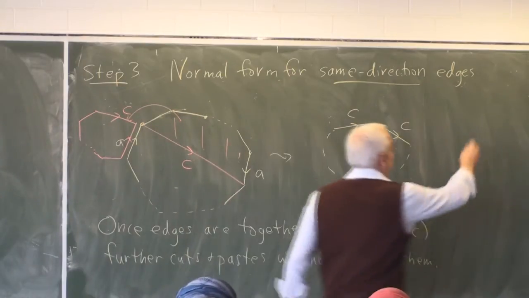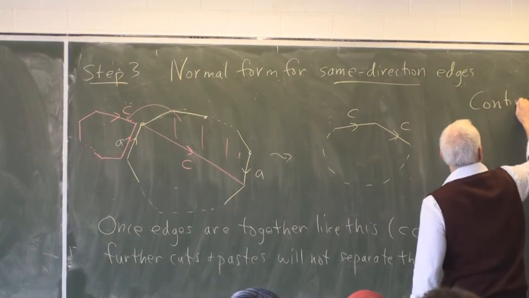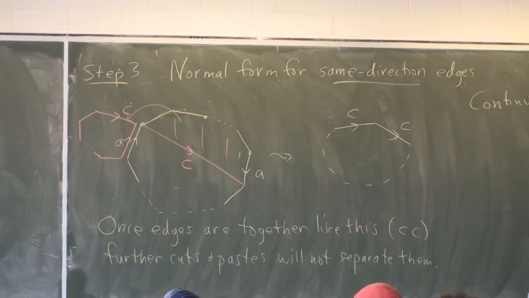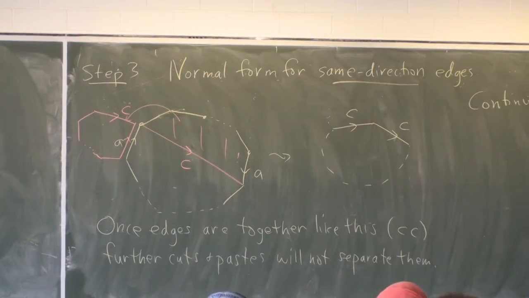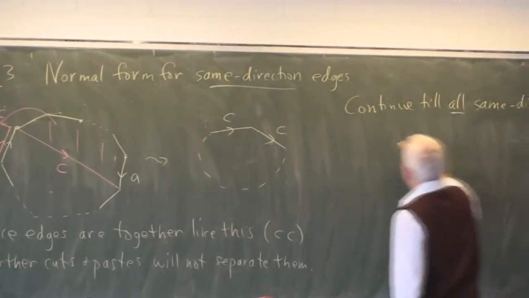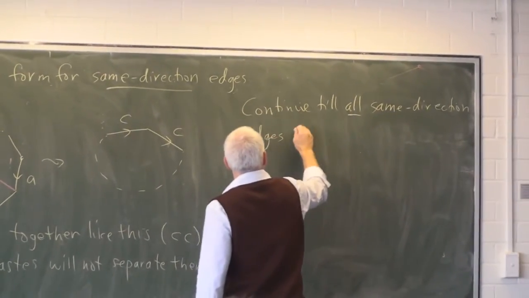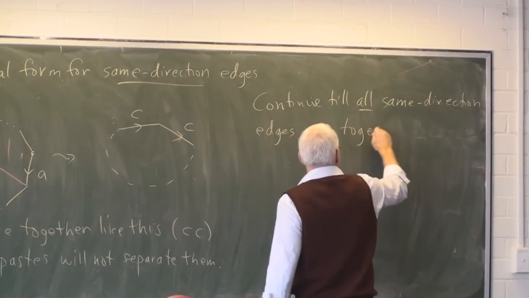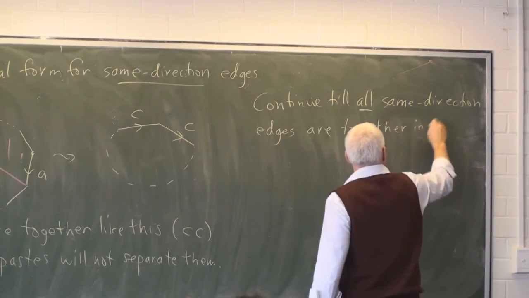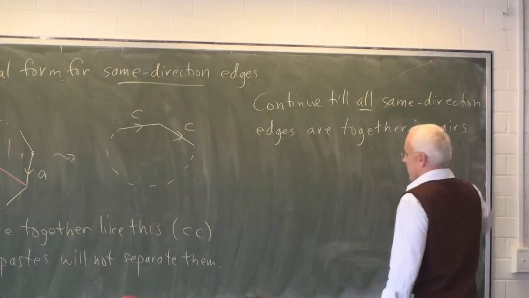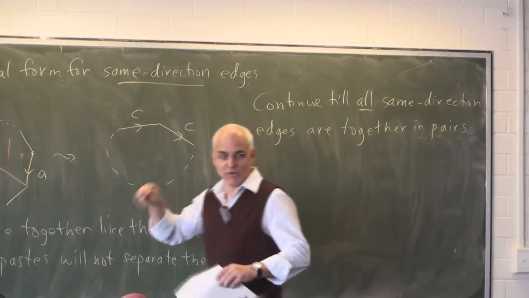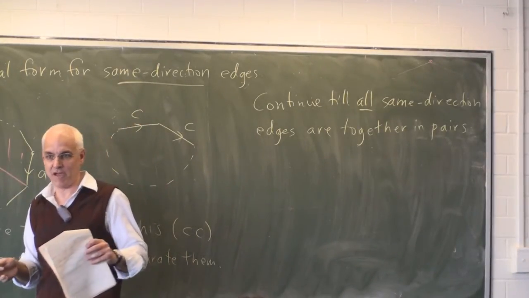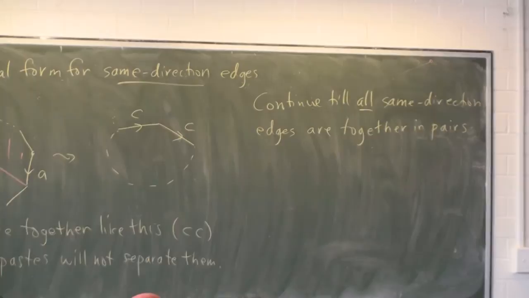So we can continue this till all the same direction edges are together in pairs. Of course, the opposite direction edges might still be around them. There still might be lots of them. And that's what we have to deal with now in the next step.